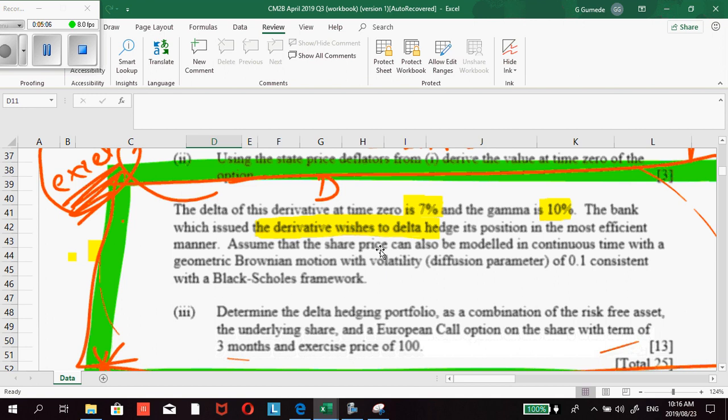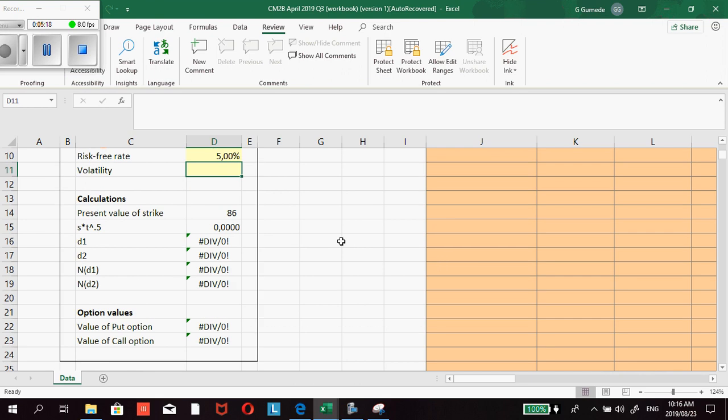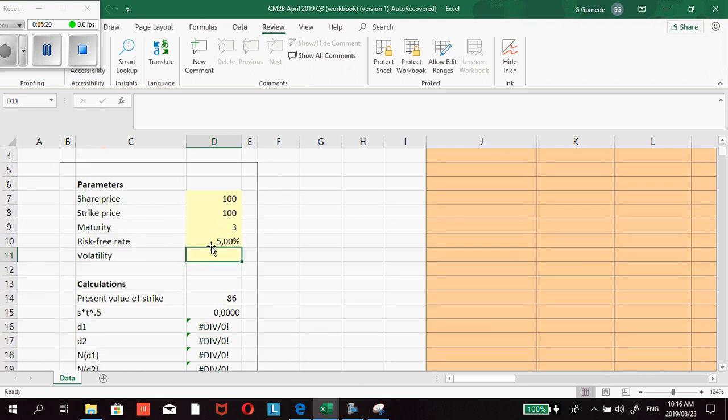The examiner told me to assume that the share price can also be modeled in continuous time with a geometric Brownian motion with volatility of 0.1. Because this calculator is working in percentage, you can't go now and put 0.1 because it will be wrong. That will be something else. But 0.1 is 10%.